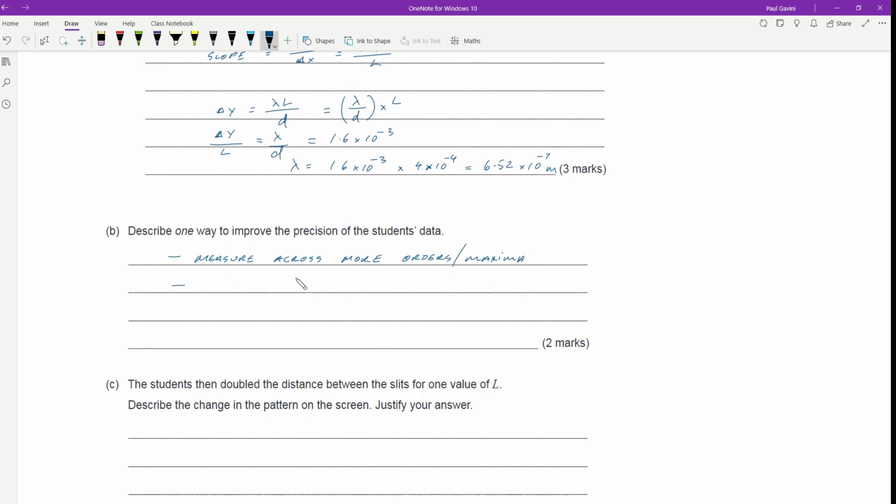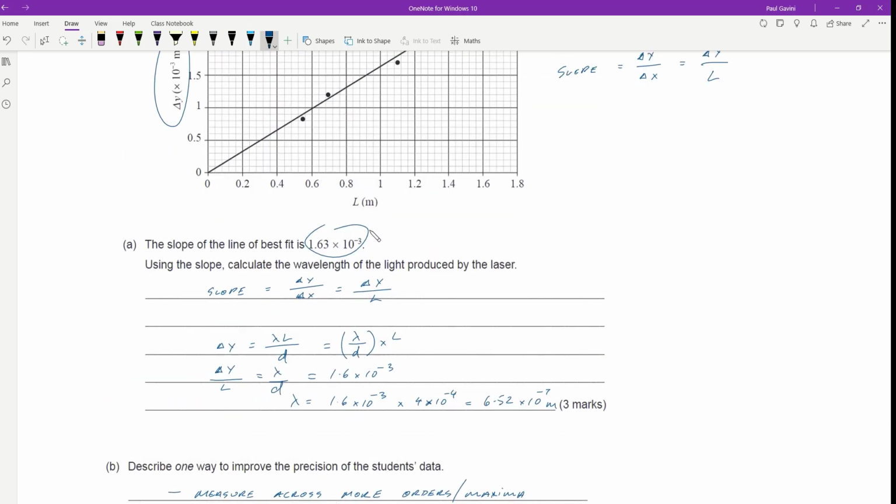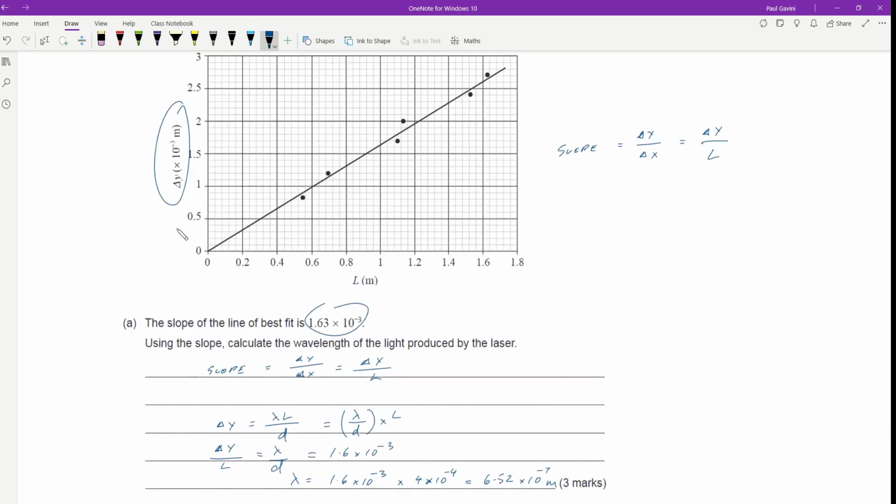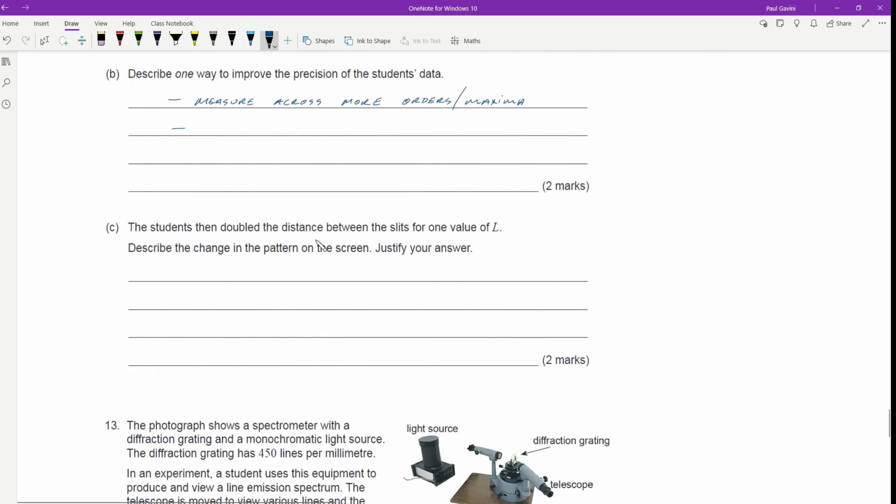Alright, now if we look at the graph there, we've actually got L on the x-axis and the change in the band separation on the y-axis. So what we could do is probably get some more data for L. More samples of L, which is the distance from the slits to the screen.